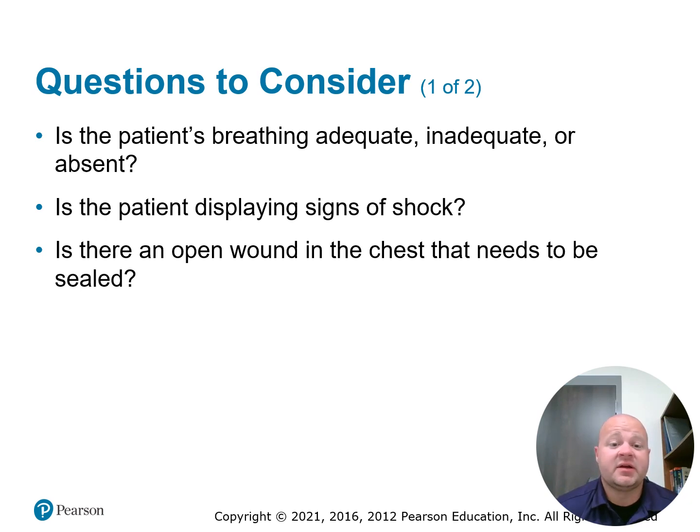Is the patient displaying signs of shock, or pale, cool, sweaty skin, hypotension or low blood pressure? Some other things are tachycardia, so a fast heart rate, and then tachypnea or breathing quickly. Is there an open wound in the chest that needs to be sealed?